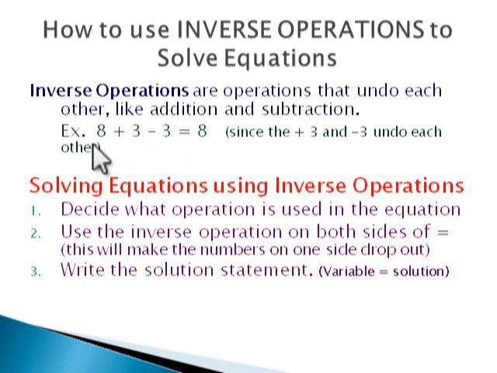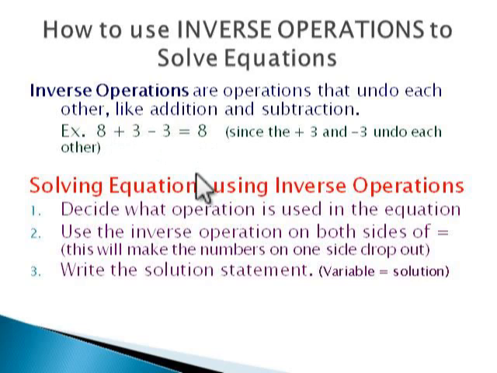So if we had 8, then we added 3, and then we subtracted 3, we would go back to what we started with. That's why they're called inverse operations. They undo each other. You get what you start with. If you do one thing and then its opposite, you go back to what you started with.